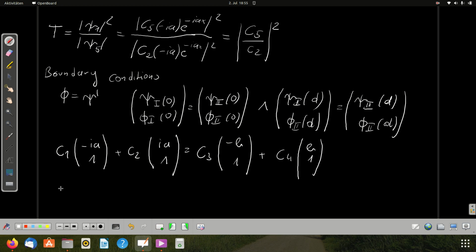First vector equation, and second vector equation now.